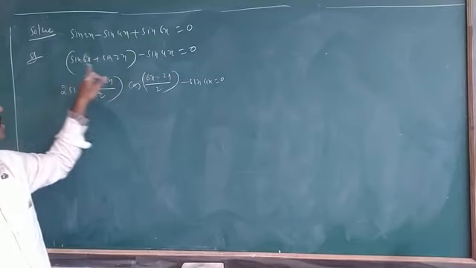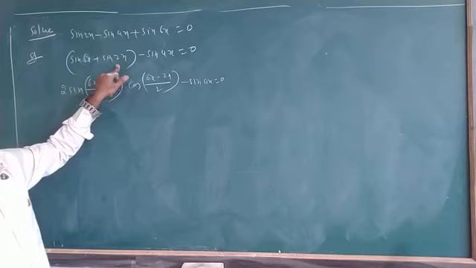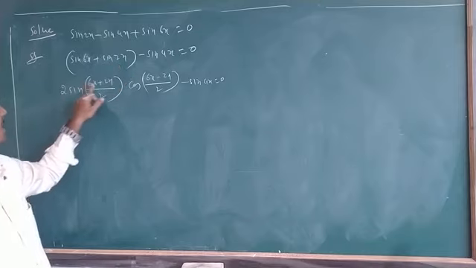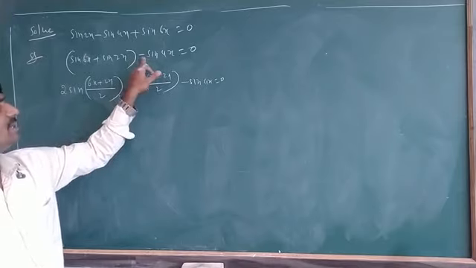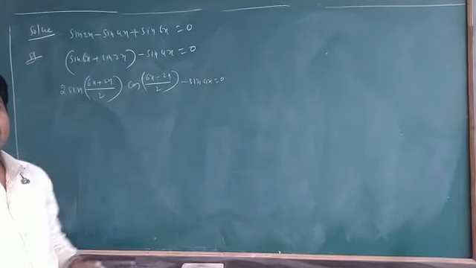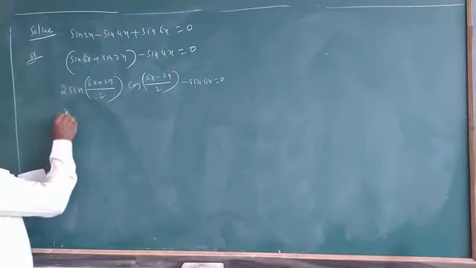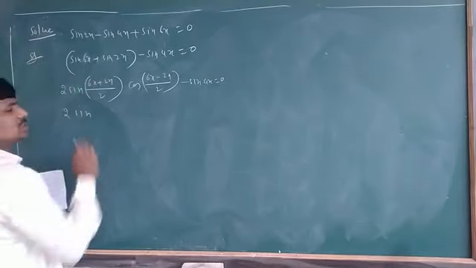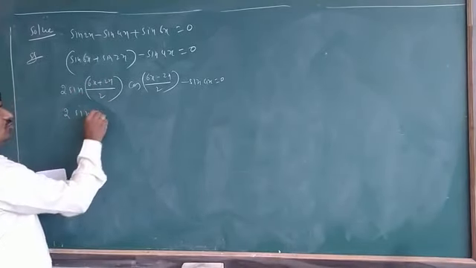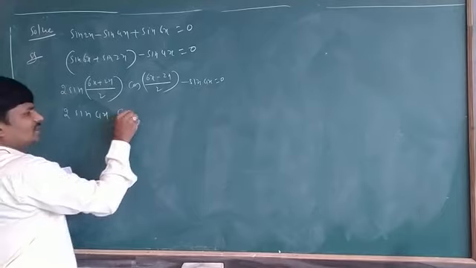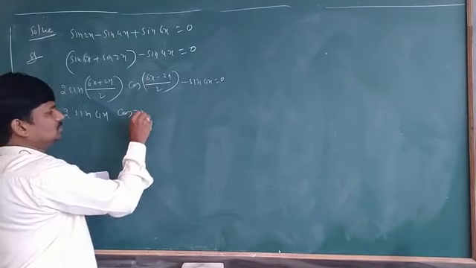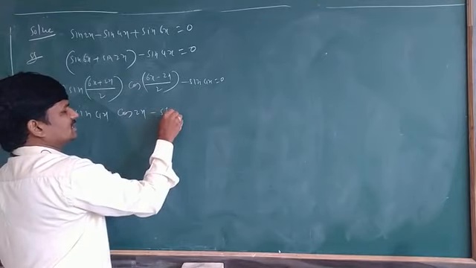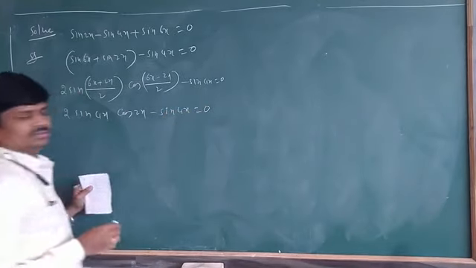Now the sin c plus sin d formula: 2 sin of (c plus d) by 2 cos of (c minus d) by 2, and outside, minus sin 4x. Next, 2 sin of (6x plus 2x) by 2, which is 4x, cos of (6x minus 2x) by 2, which is 2x, minus sin 4x is equal to 0.